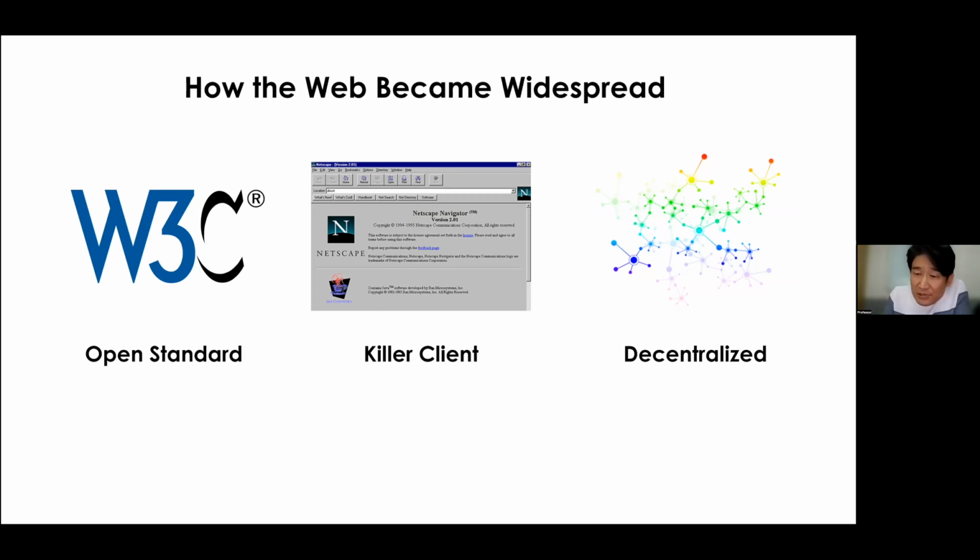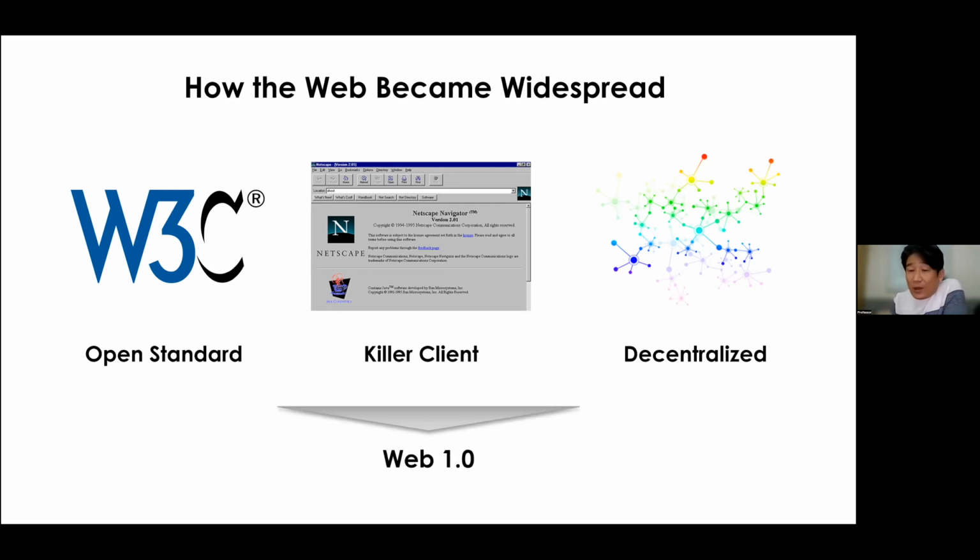And the third reason is originally the web was decentralized. If we wanted to create your homepage or your website, you had to install a web server and run your web server. So it was decentralized.